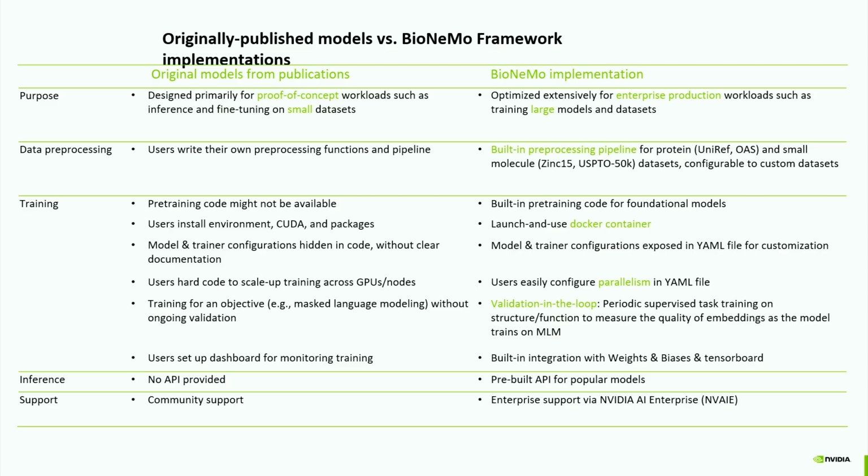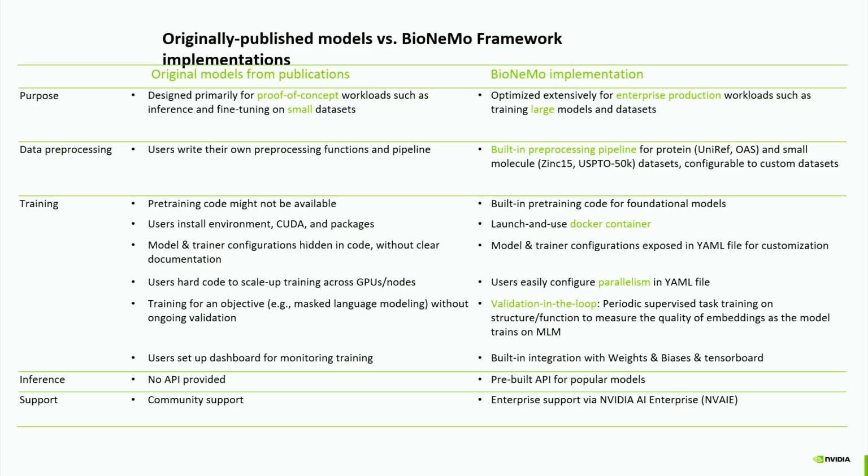So in a nutshell, what is the difference? All these models came as a white paper at some point, and there is an original publication of all of this out there. BioNeMo took all of those open source models and made them into an enterprise product. So what you get with this is high performance and quality of output.